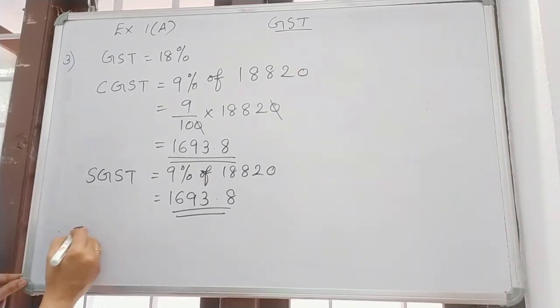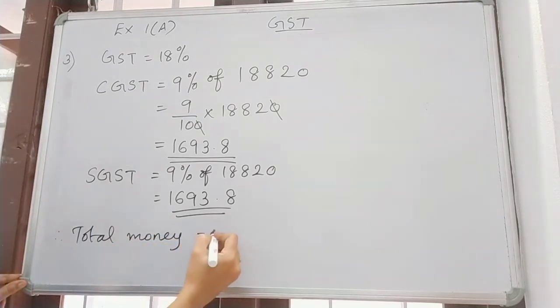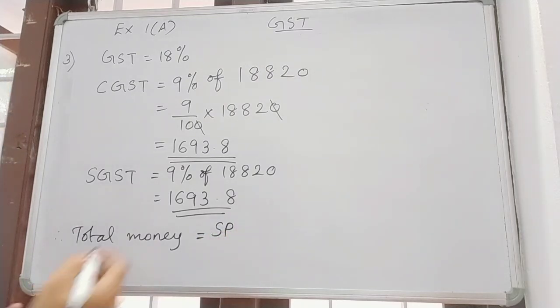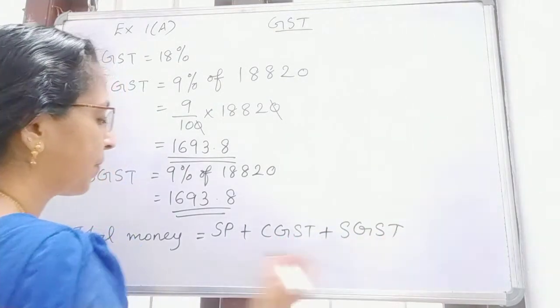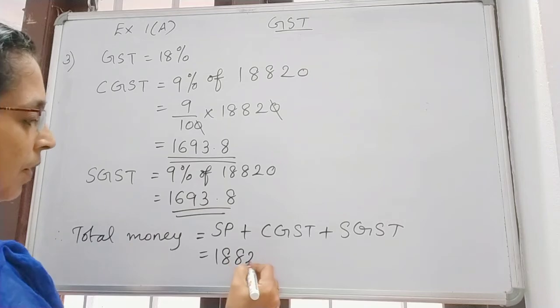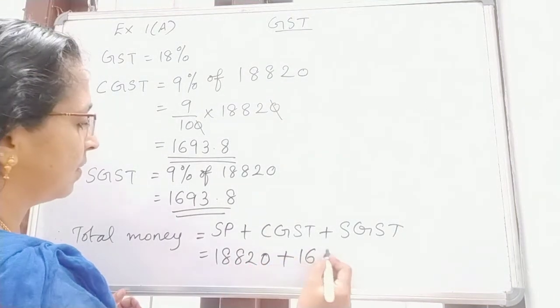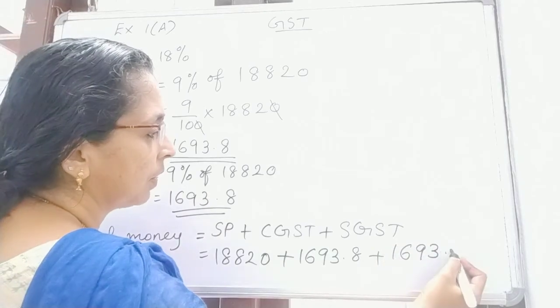Therefore total money is equal to discounted price, that means SP, plus CGST plus SGST, is equal to 18,820 plus 1,693.8 plus 1,693.8.